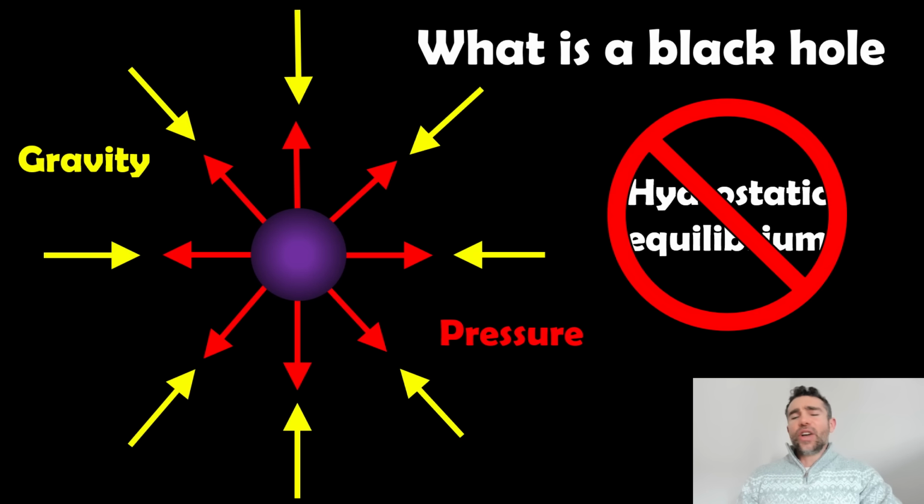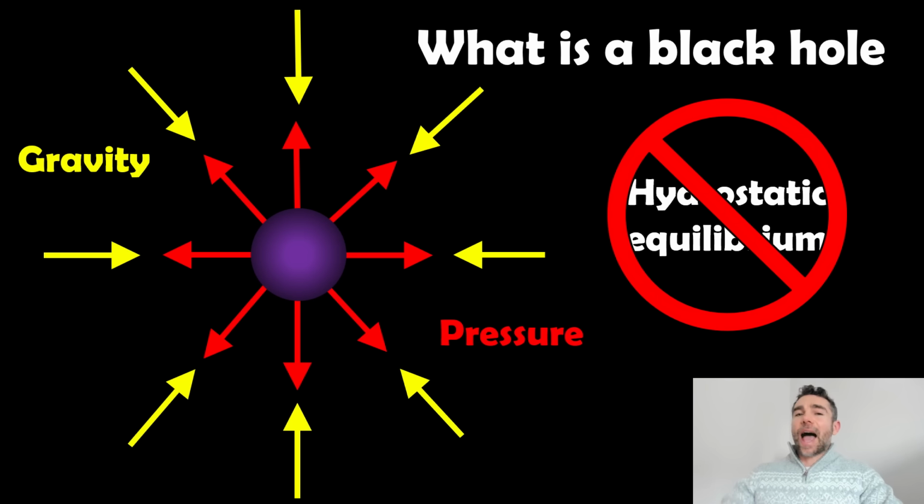So first thing, a recap on what black holes are. I'm going to assume you've got a good idea what a black hole is if you found your way to this video. But basically black holes are not like normal stars in the sense that they would be in hydrostatic equilibrium, where the gravitational forces trying to collapse them are balanced out by the pressure. Here gravity wins and the object is essentially collapsed down to pretty much a singularity.